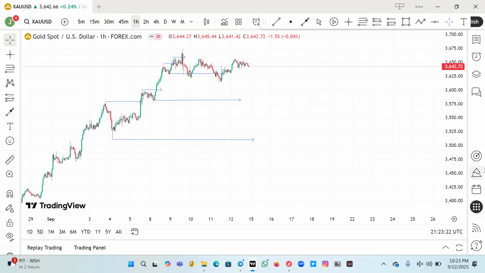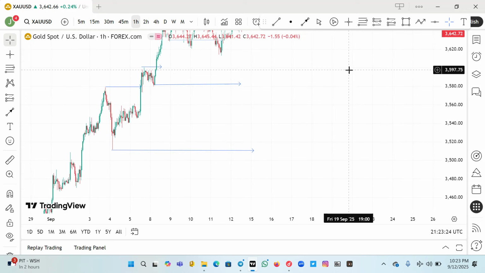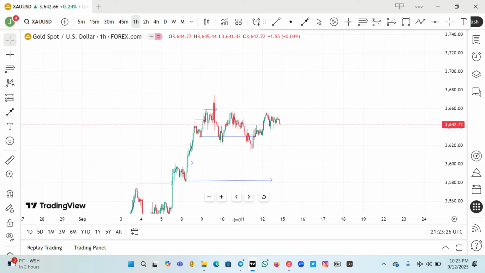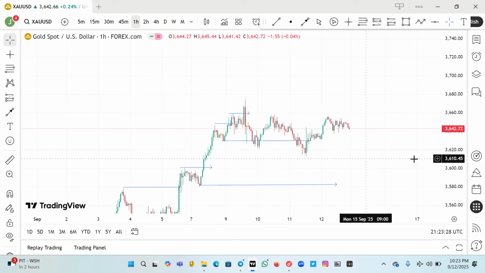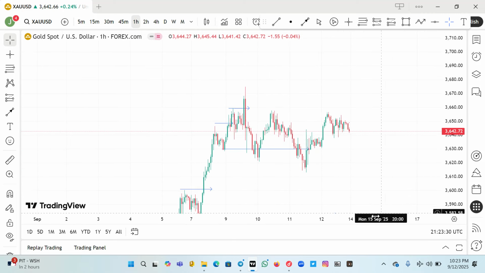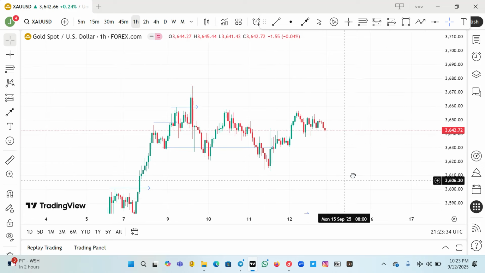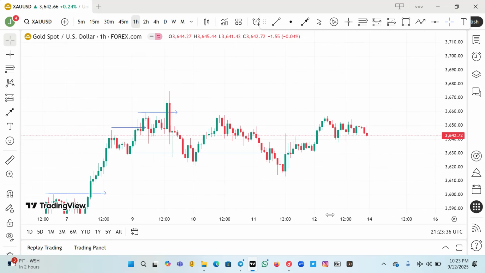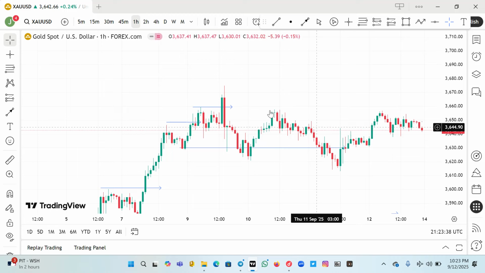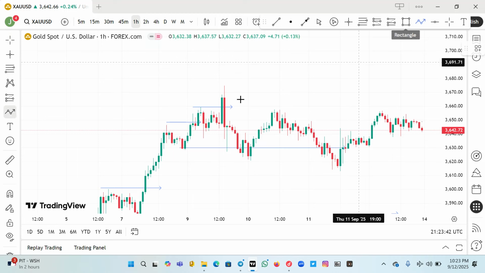Now, don't forget I said that we'll mark our break of structure on the H1 time frame. Now, at this point here, we have a break of structure here.